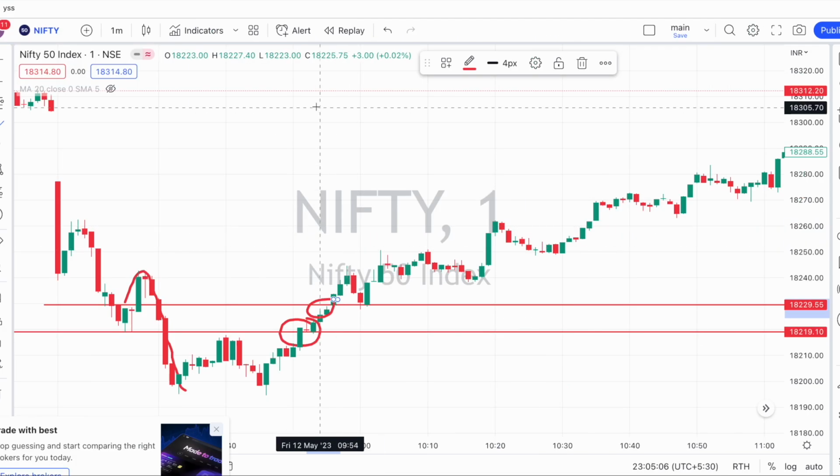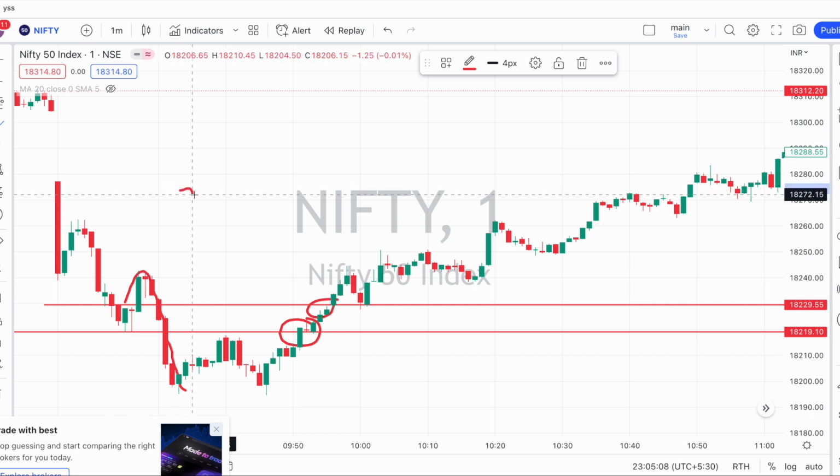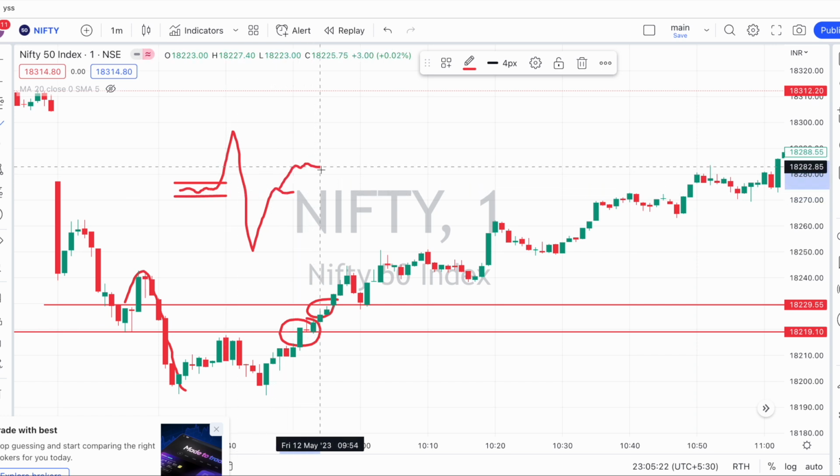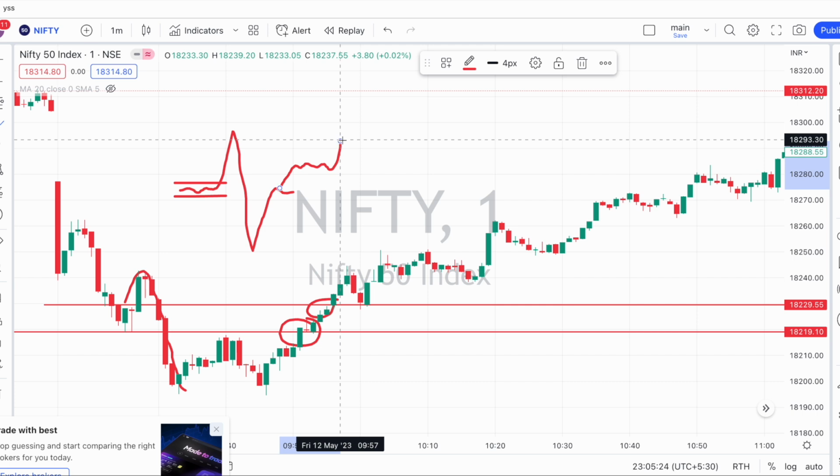If I explain on charts, let's say we have an edge formation like this, right? This is the high of the build up, this is the low of the build up. If the price goes up and again creates a build up like this, this satisfies checkpoint 2.